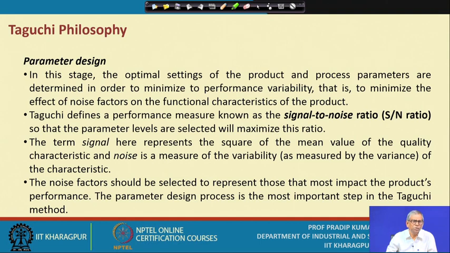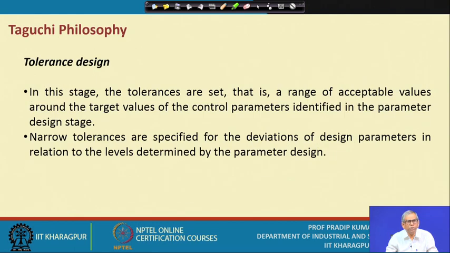So he uses a particular performance measure known as signal to noise ratio. Now there are different ways you can measure the signal. One way to measure it is to get the square of the mean value of the quality characteristics, and similarly the noise factors should be selected to represent those that most impact the product's performance. The parameter design process is the most important step in the Taguchi method.